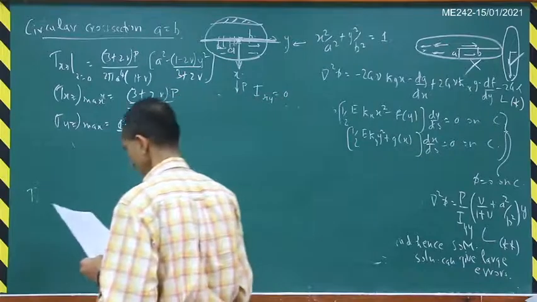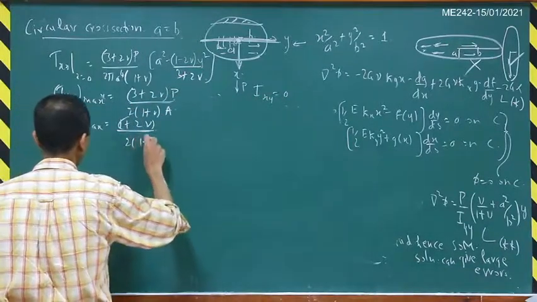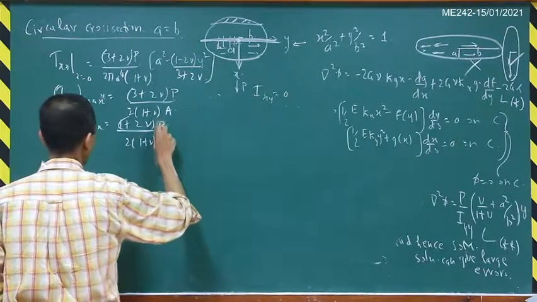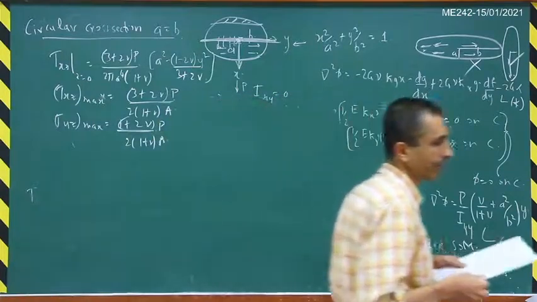So tau yz max will be 2 into (1 plus nu) times P divided by 3 in this particular case here. Okay, so let's see.